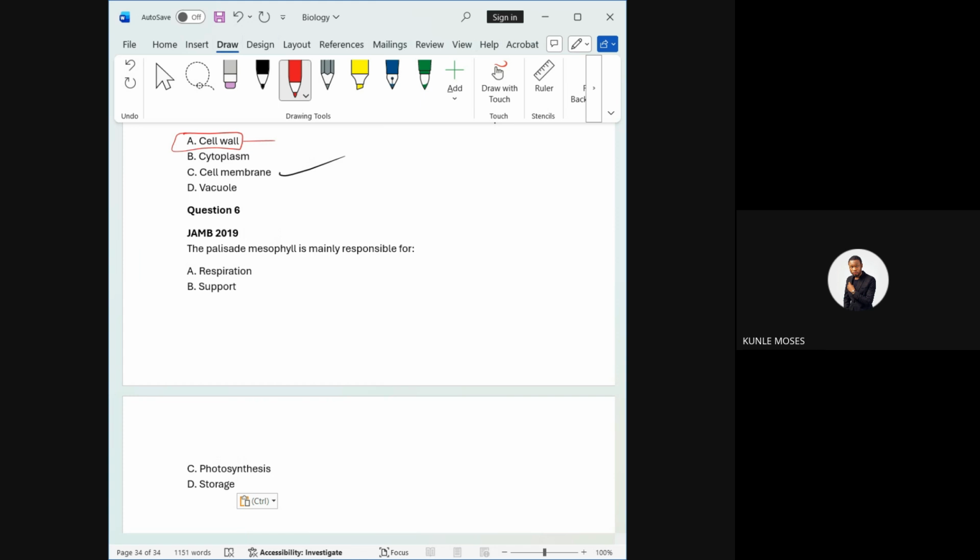Clap for yourself. Yeah, photosynthesis. That's palisade mesophyll. You guys remember spongy mesophyll? Remember the point of spongy mesophyll?